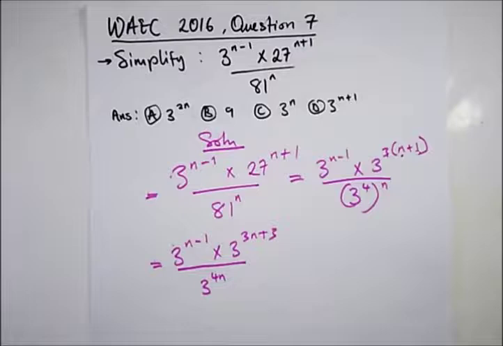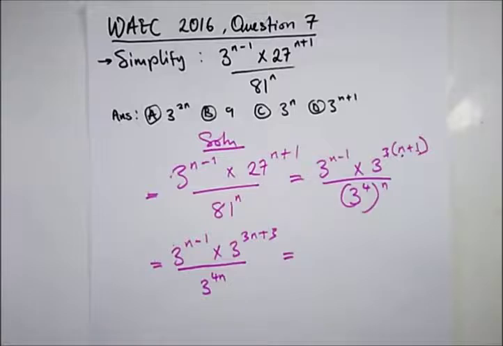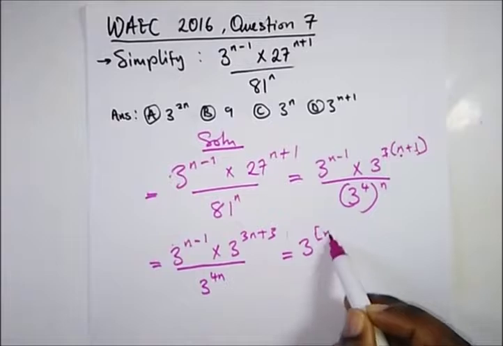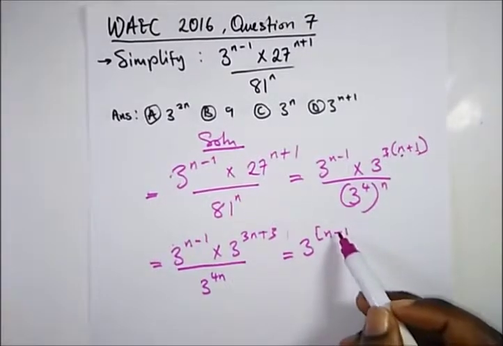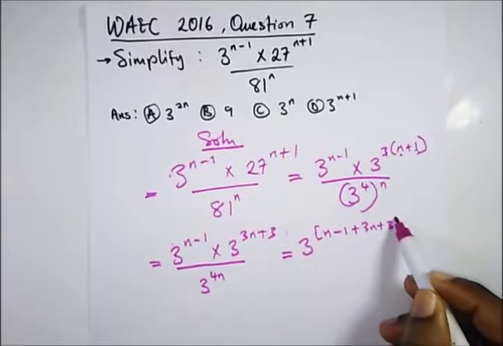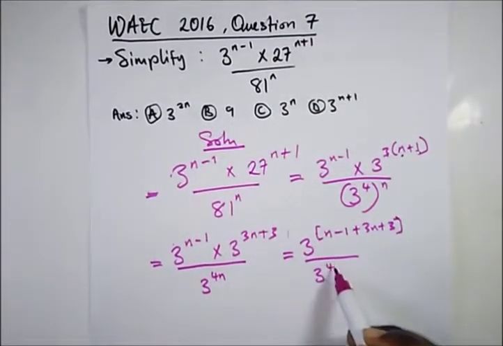So if you also remember the law of division and multiplication of the same bases, we're going to add this power and subtract this power down here. So we have 3 bracket n minus 1 plus 3n plus 3, over 3 raised to the power 4n.